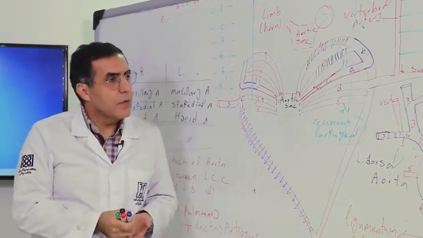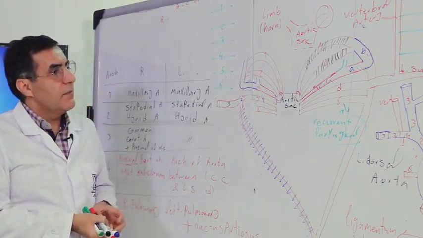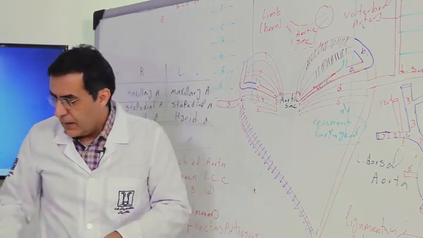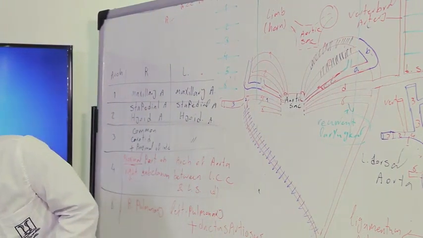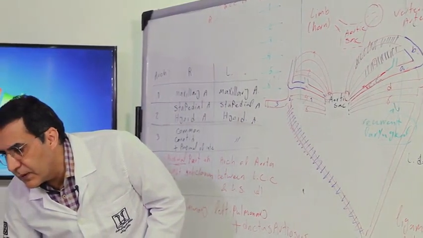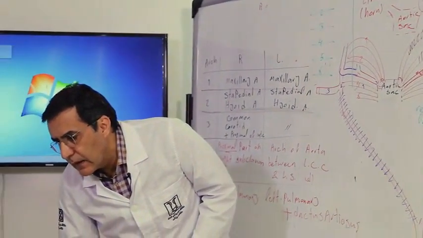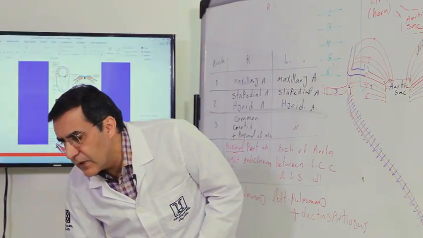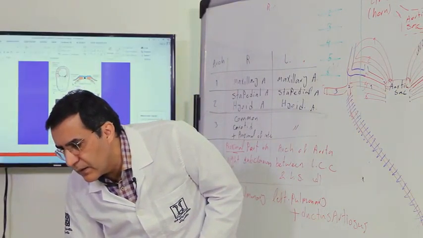Okay, now we look at some pictures about the development of the artery and some abnormalities. Please pay attention to these slides, and if you want more detail, you can study Langman's Medical Embryology.